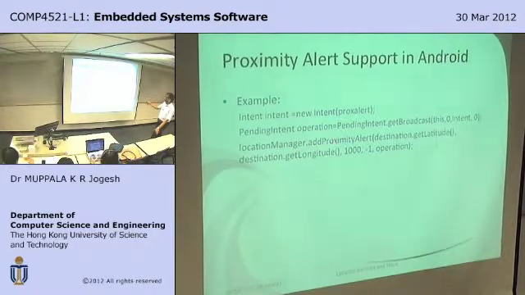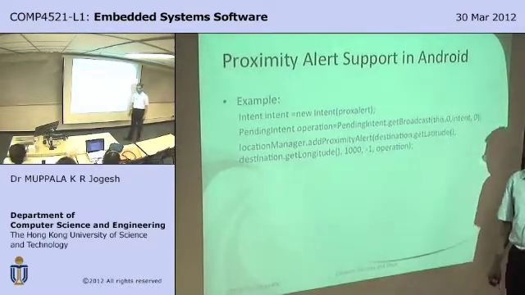LocationManager addProximityAlert, destination latitude and longitude, and then if you're within 1,000 meters, within a 1 kilometer radius of that location, then you fire off this intent. So this is what a pending intent is. That intent will be fired when certain conditions are satisfied.